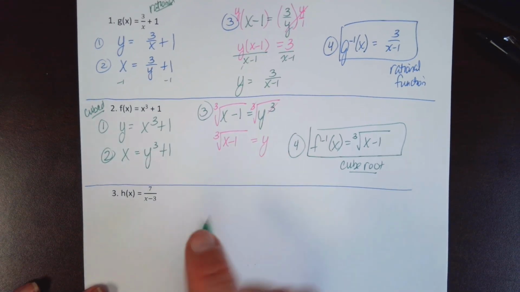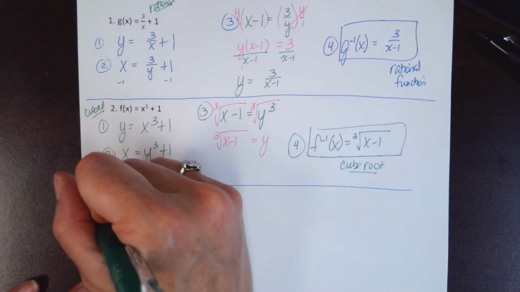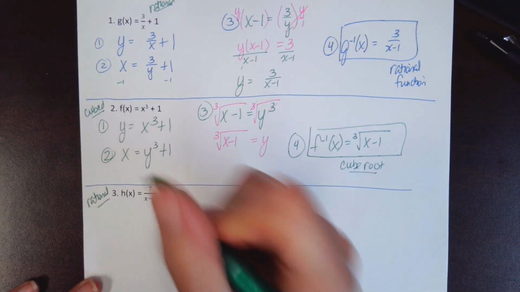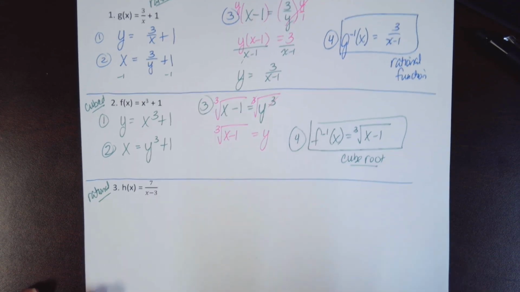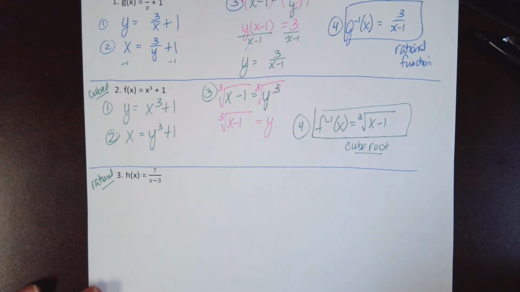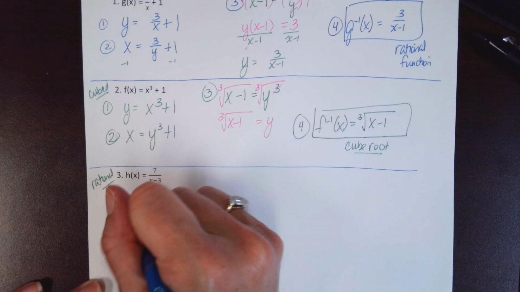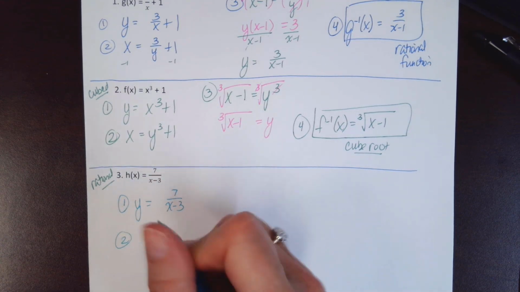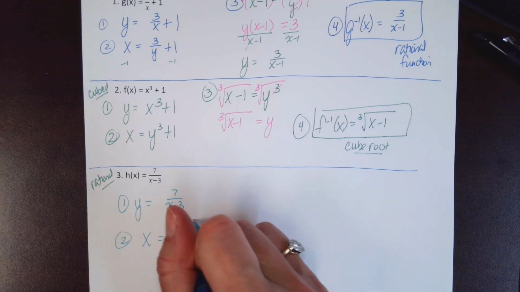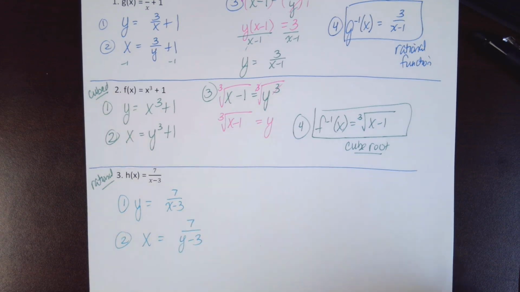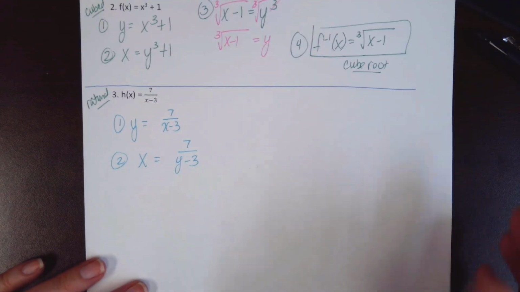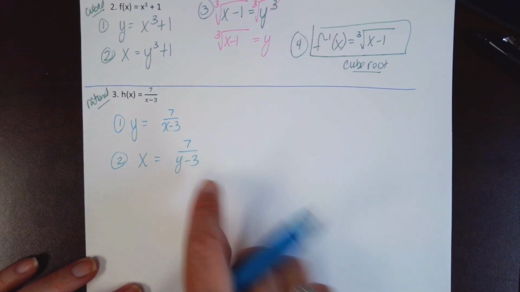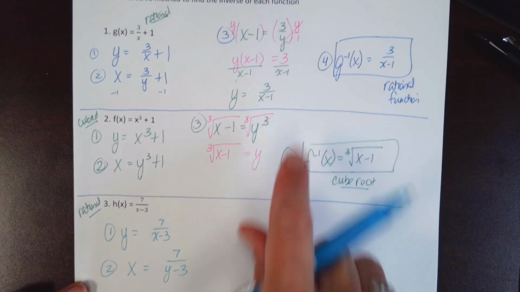What type of function is this? Variable in the denominator. It is also rational, so I expect I will end with a rational function as well. First step, y equals. Second step, do my switch. Third step is the solve part. Remember how we got that y out of the denominator up here?